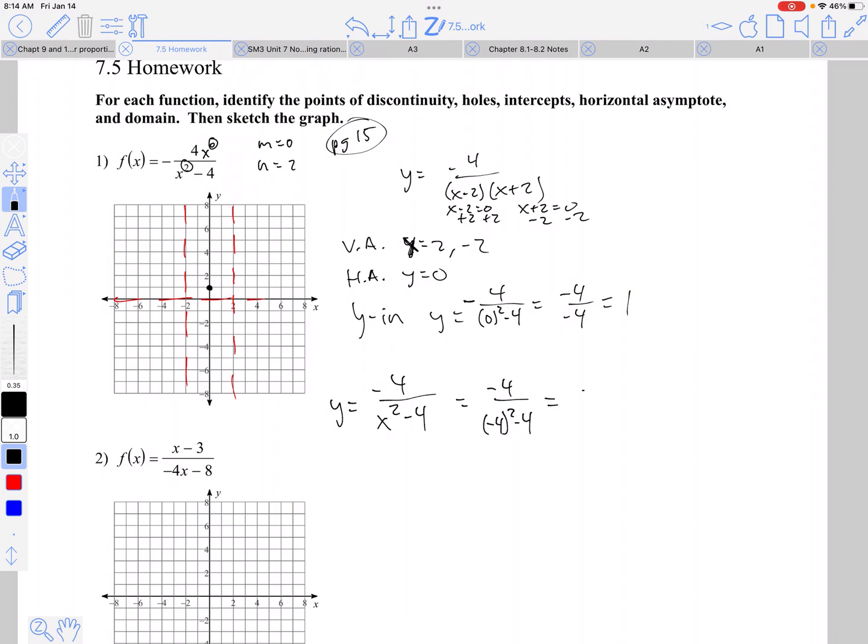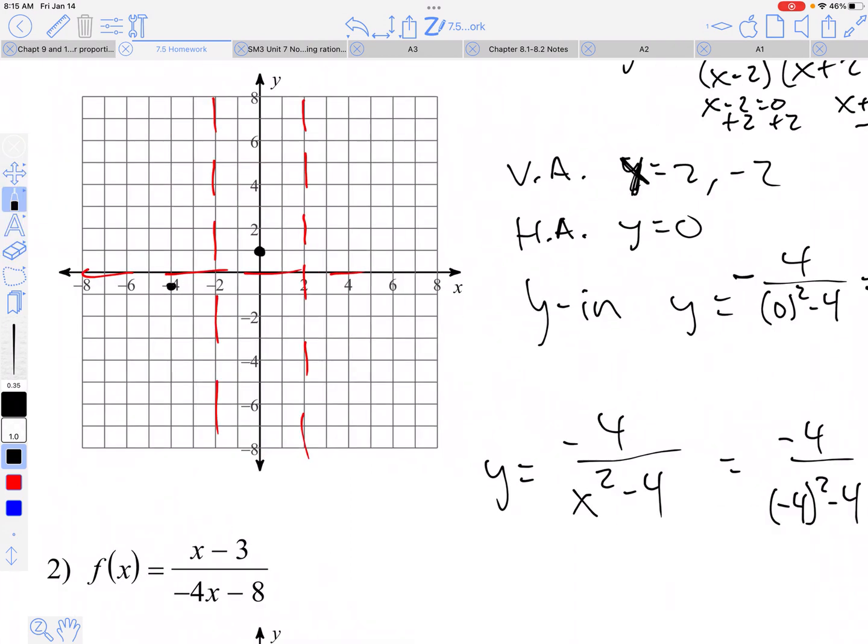Which will give me negative 4 over 16 minus 4, which is negative 4 over 12, which is negative 1/3. So at negative 4, I'm at negative 1/3, which means I follow the asymptote on the bottom half.